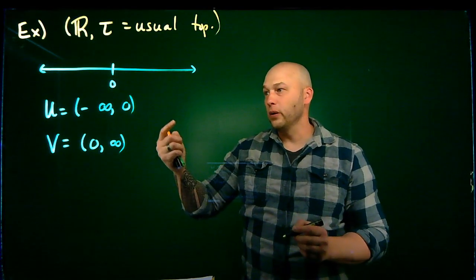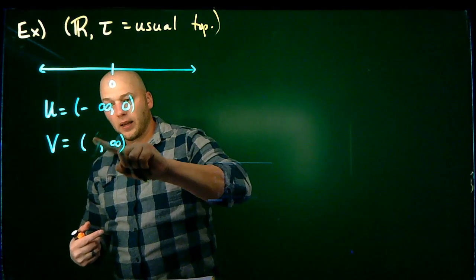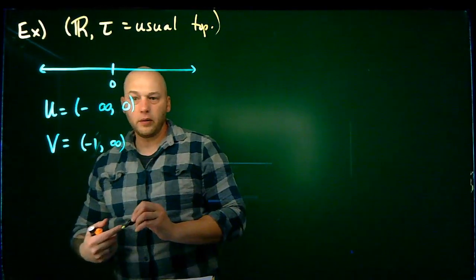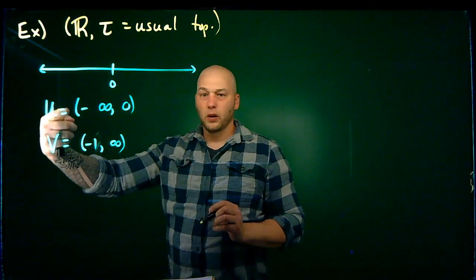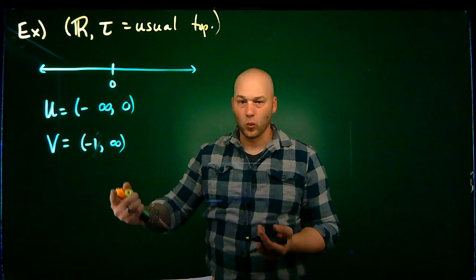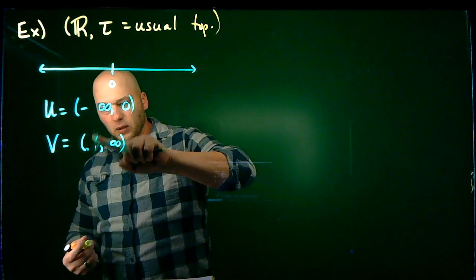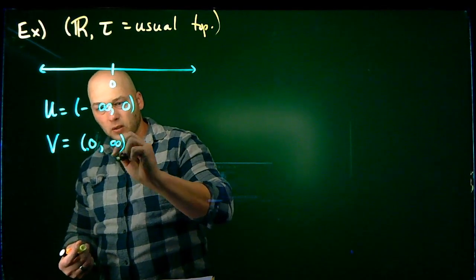Therefore, what I have to do is maybe pick something that would overlap. So let's say I was to pick something like -1, but then those two intervals would not be disjoint. They would overlap, so that doesn't work. You could say, all right, let's get rid of that. Let's go back to just 0, so that the sets are disjoint.